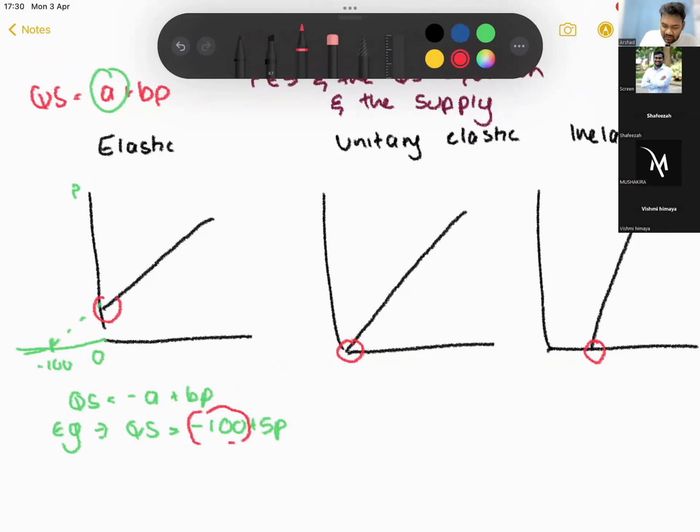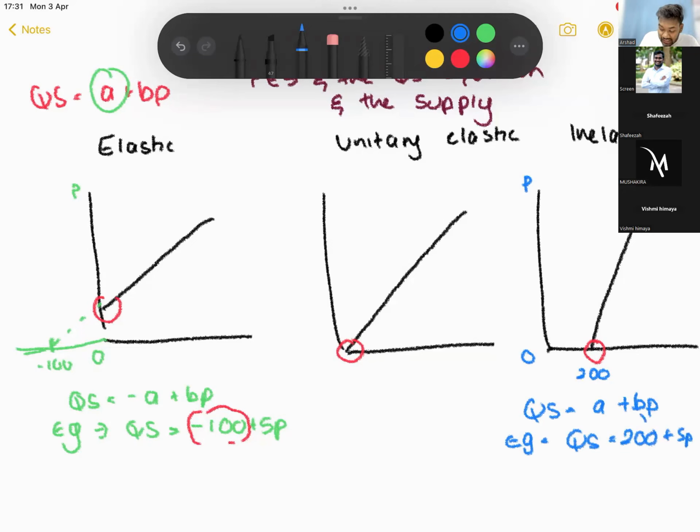Then look at the other side of this case, an inelastic supply curve. In an inelastic supply curve, when the price is 0, quantity supplied is a positive number, let's say 200 here. So how will your supply equation look then? QS will equal A plus BP. There will be a positive A component. So for example, QS equals 200 plus, let's say, 5P. Is that clear?